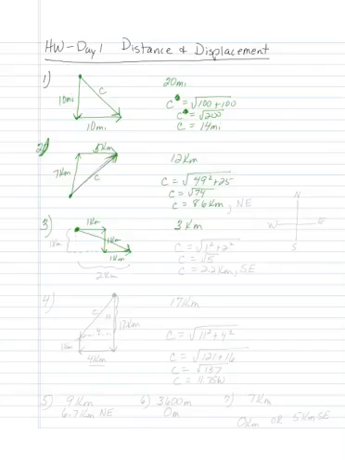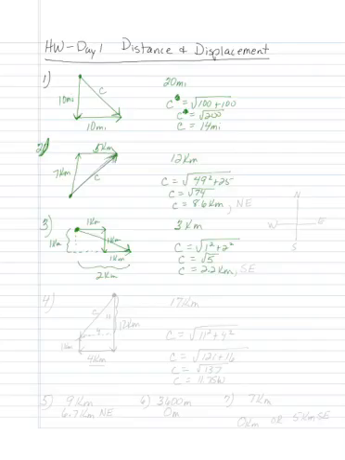Now I'm going to need a little triangle here, and it looks like this side is going to be 2 kilometers. This will be 1 kilometer. So to find the magnitude of my displacement, I need the square root of 1 squared plus 2 squared, or the square root of 5, which is about 2.2 kilometers.